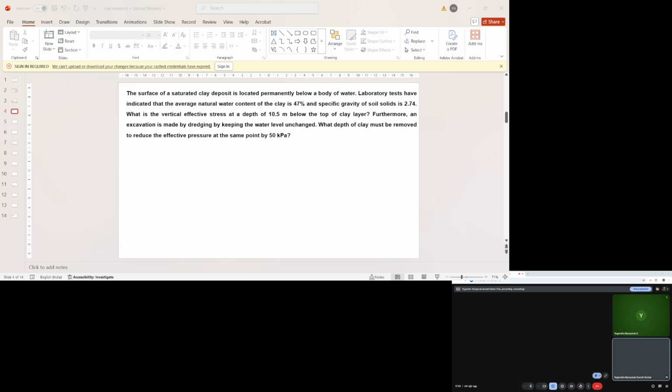Now, for water pressure, it is going to be 10 into H plus H plus 10 into 10.5. The other terms are going to cancel.